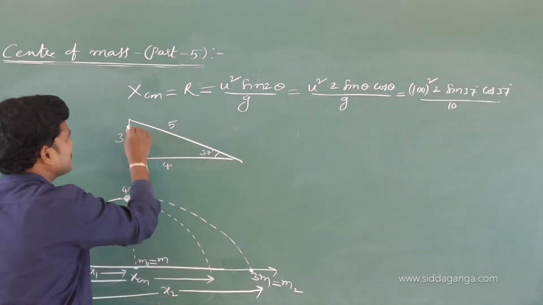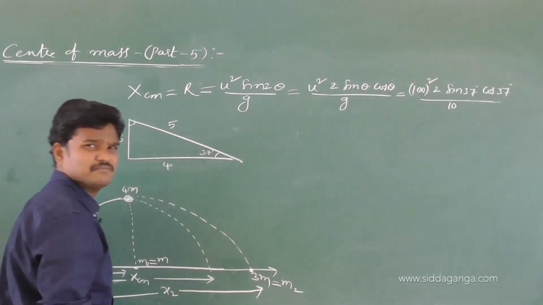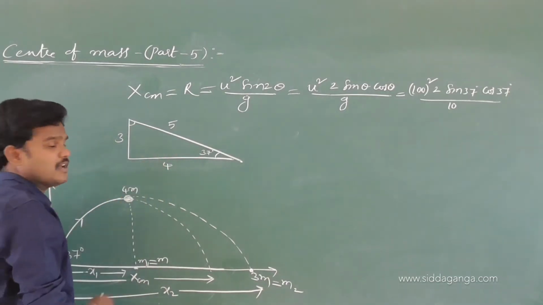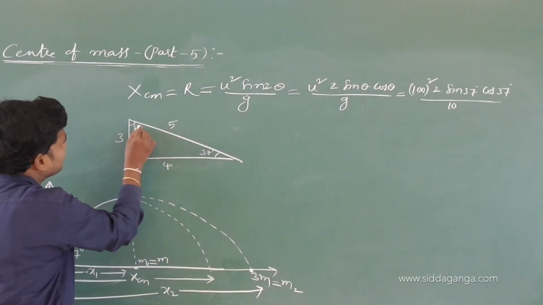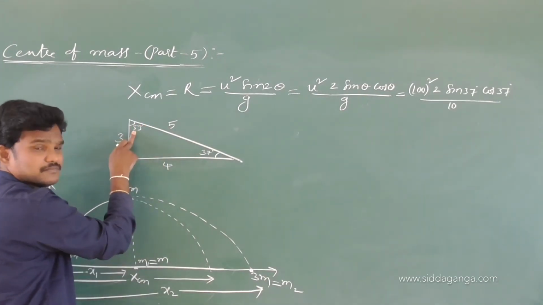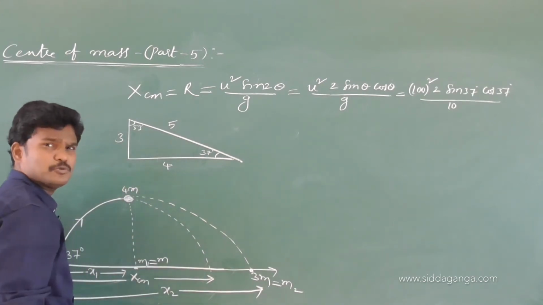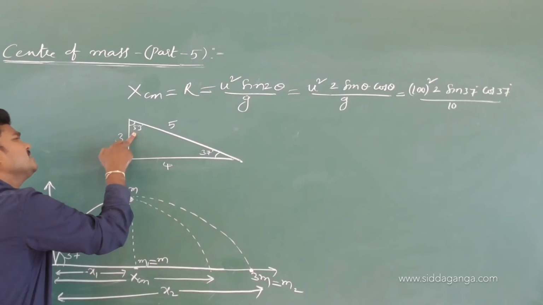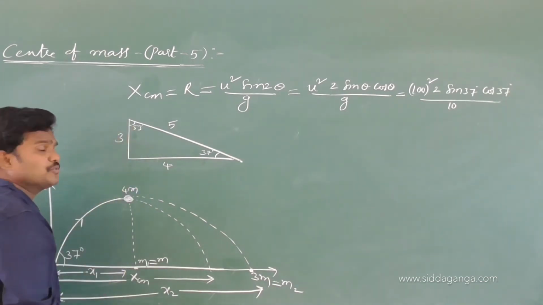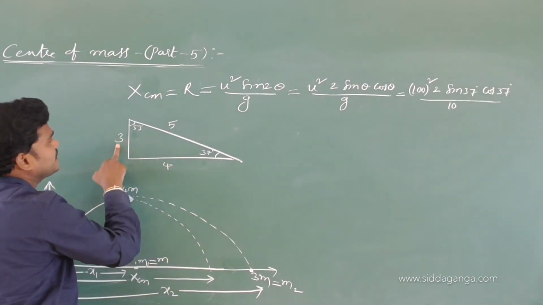If this is 37, no doubt this is 53, and the total is 180. So we can get sin, cos, tan, cot of 37 and 53. Sin 37 from this triangle is 3 by 5.